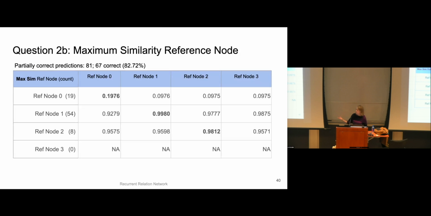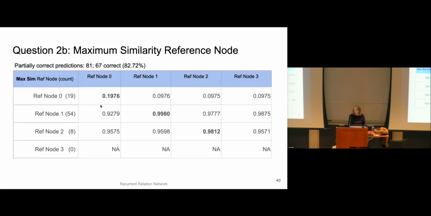There's 81 that were predicted to be partially correct, and for each one, we calculated which of the reference node representations is it most similar to, and 19 were most similar to 0, 54 were most similar to 1, and 8 were most similar to 2, and then reference node 3, nobody was similar to that.